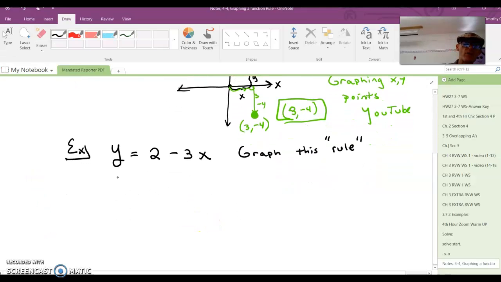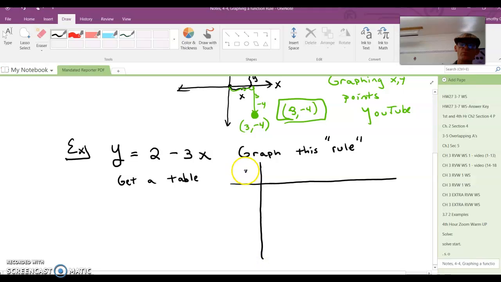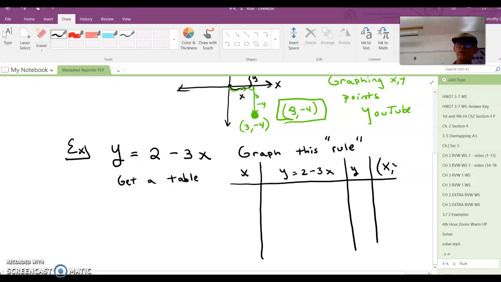So you have to make a table. The table looks like this. You're going to put x here, and then you're going to put the equation right here, y equals 2 minus 3x. And then you're going to put the y value here, and then I like to put the xy coordinate here.